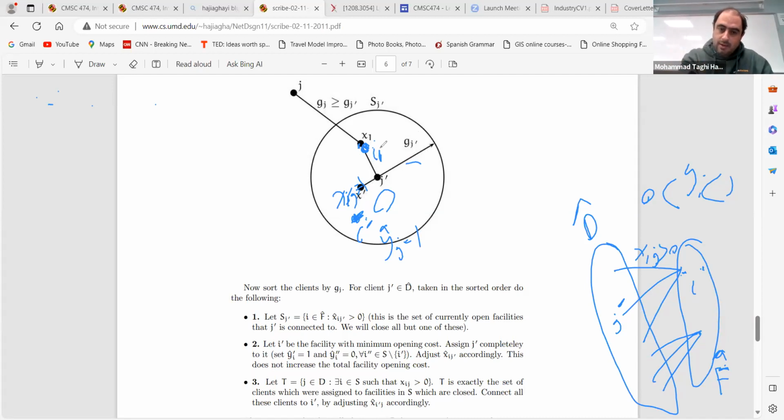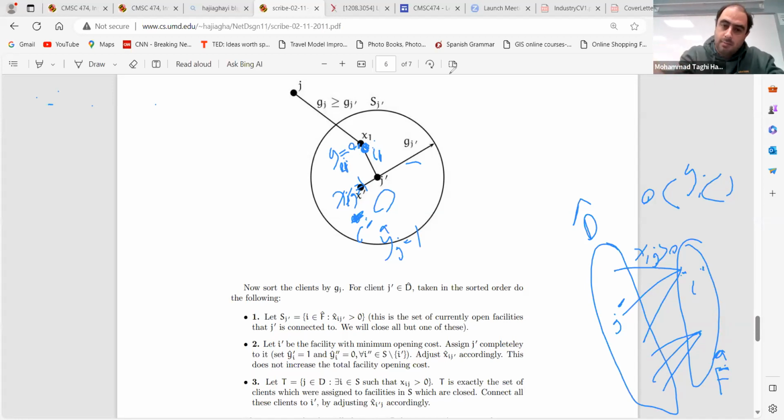The only problem is that this guy, for example, I1, now we will put Y of I1 equal to 0. What is the problem?